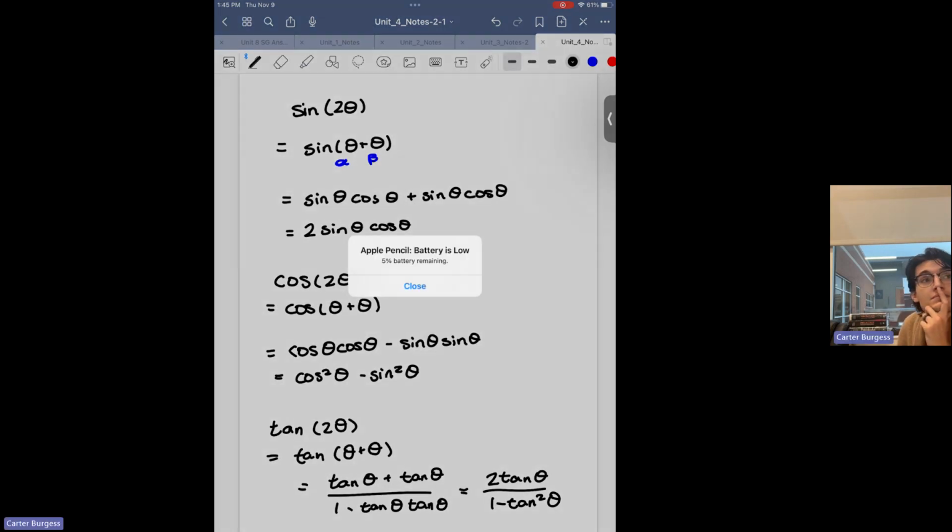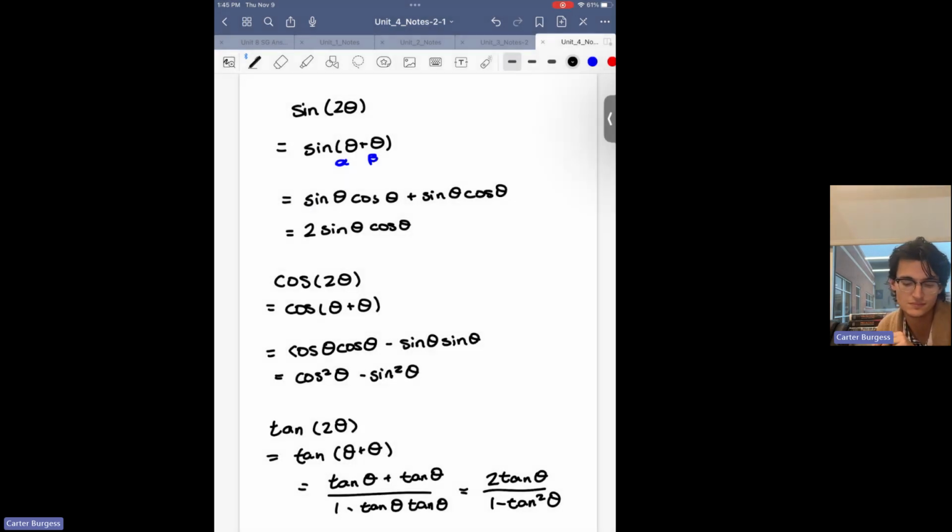How does sine theta cosine theta plus sine theta cosine theta equal only 2 sine theta cosine theta? Yeah, so, trying to think of a concrete example here. Think of the sine theta, cosine theta as kind of acting like a single variable there almost.